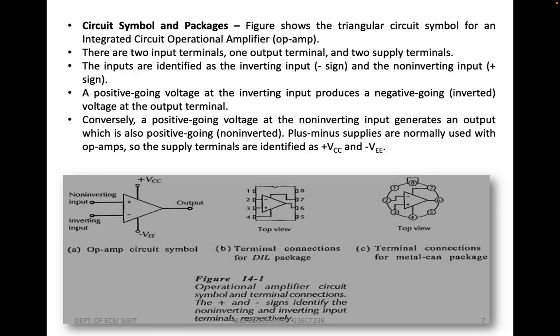Basically, an operational amplifier is a high gain amplifier circuit with two high impedance input terminals and one low impedance output. The inputs are identified as inverting and non-inverting input. The basic circuit consists of a differential amplifier input stage and an emitter follower output stage. The voltage gains of integrated circuit operational amplifiers are extremely high, typically around 200,000.